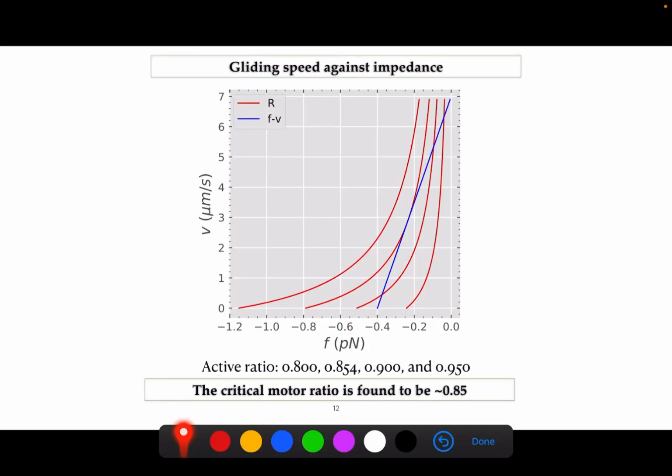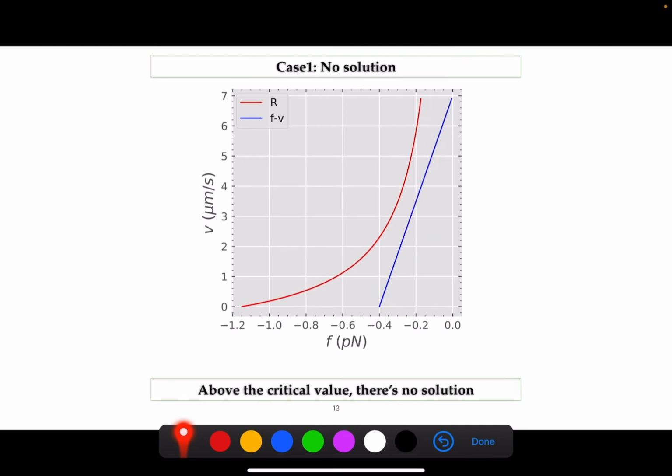We solved for active ratio 0.8, 0.85, 0.9, and 0.95, and we overlaid with force velocity plot. The solutions can be summarized by 3 cases, as I will discuss next. The first case is above critical value, and there is no solution.